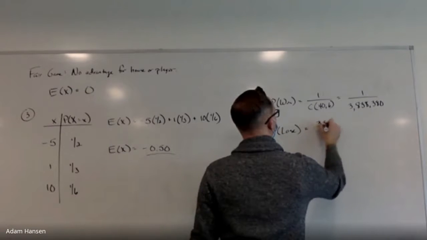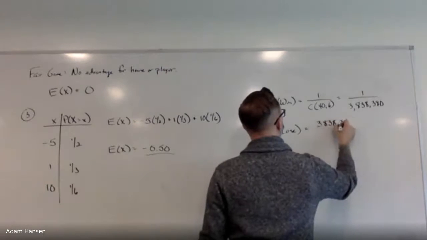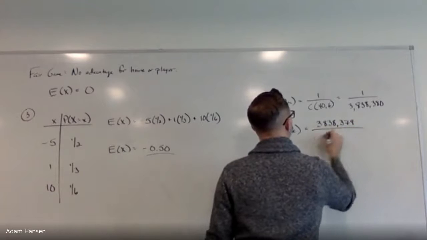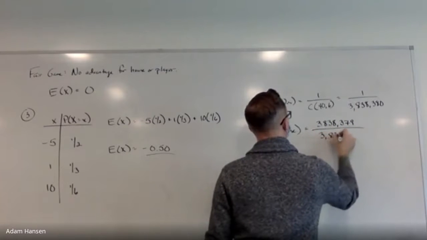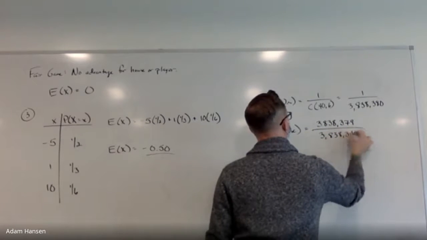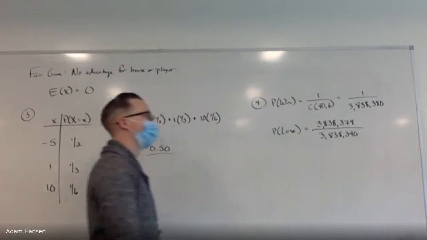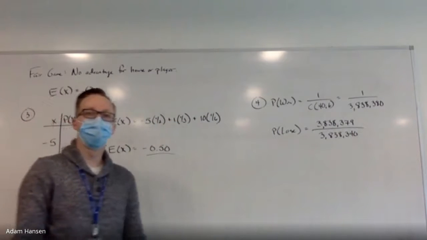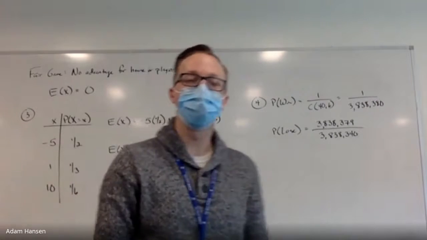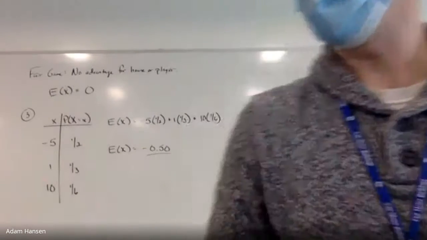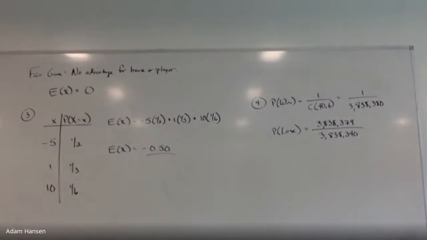So 3,838,379 out of 3,838,380. If I win with one outcome, I lose with all the rest, right? So if there's one winner, that means all the other outcomes, 3,838,379 of them, I would have lost with.